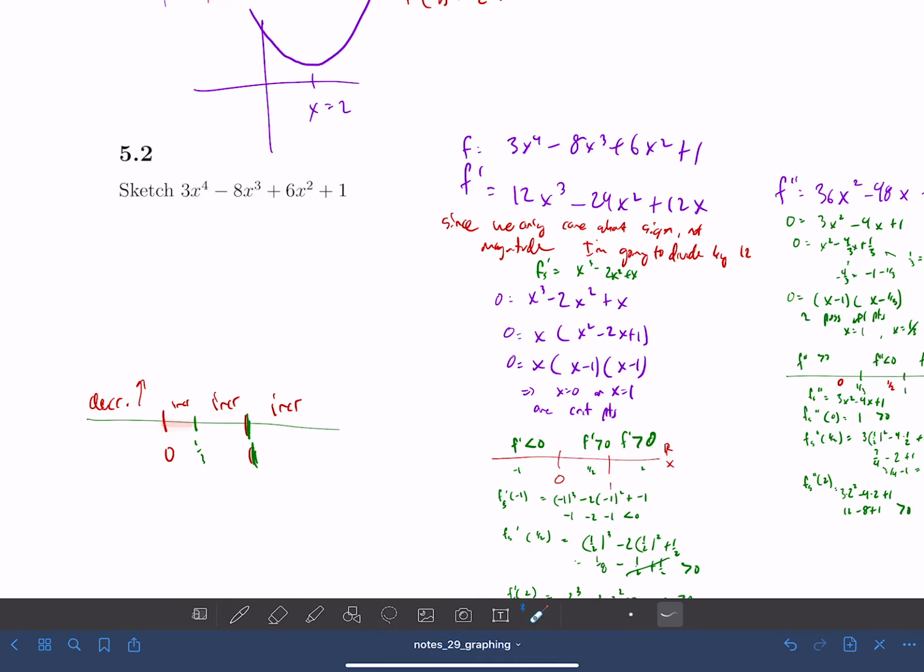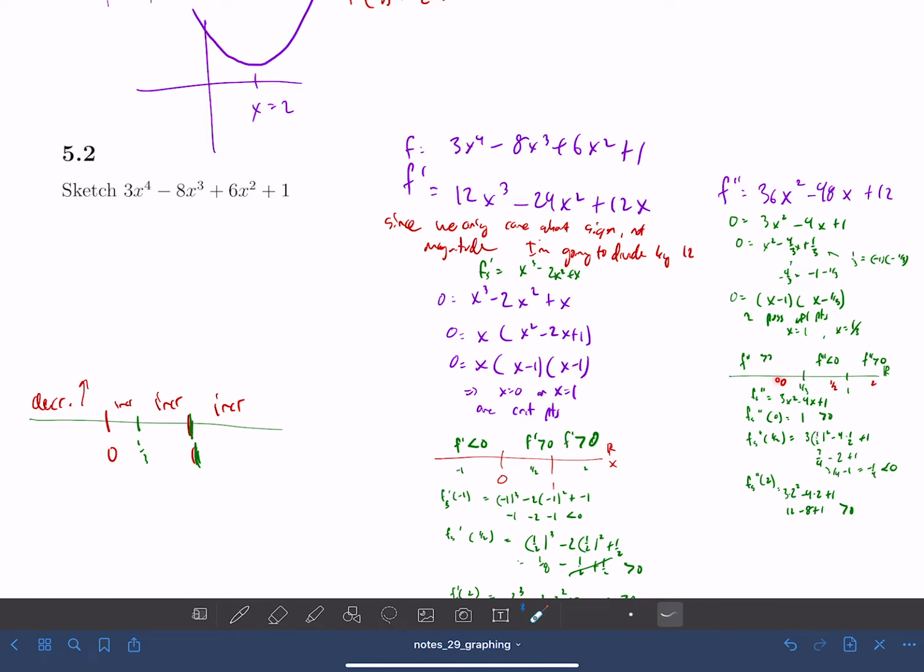From 0 to a third, let's look up its concavity value. It looks like concave up. On the next interval, from a third to 1, concave down. On the last interval, from 1 to infinity, concave up.